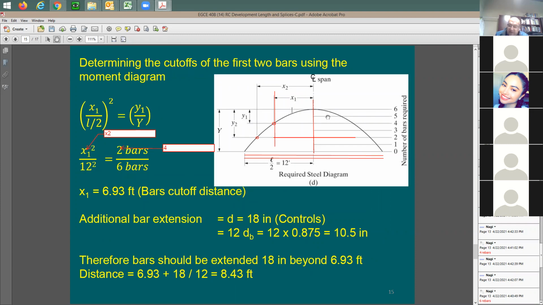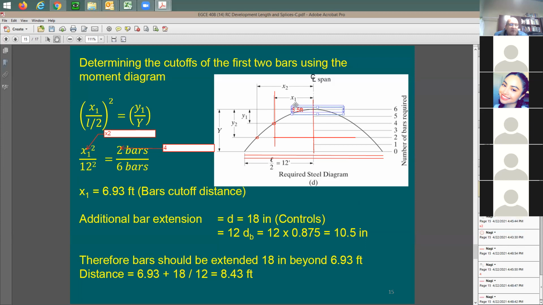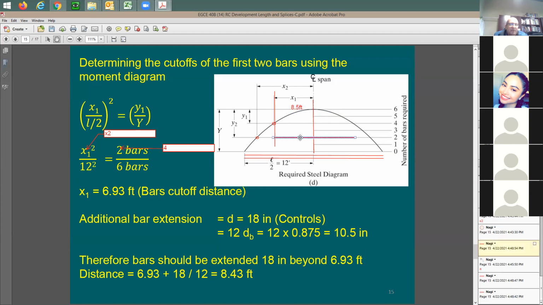At the end, you provide this to be 8.5 feet, right? If your L sub D is within this 8.5 feet, you're good. If L sub D is larger than 8.5 feet, you need to extend the bar more to cover L sub D, not just L sub D and these cutoff points plus the d distance.